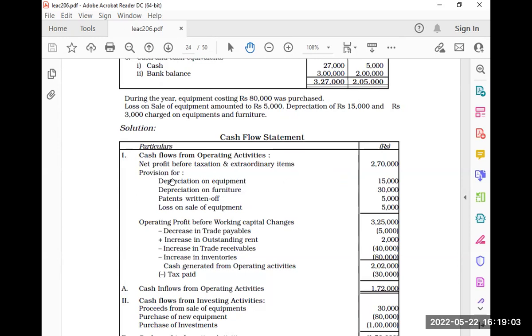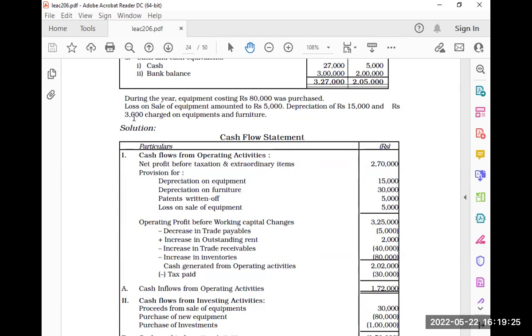So we have taken that depreciation on equipment 15. Depreciation on furniture, is it 30 or 3? 3,000 only. Okay, 3,000. But here, furniture is not given. It's given now. Maybe it's a printing mistake. If it is 3, you take 3. If it is 30, you take 30.